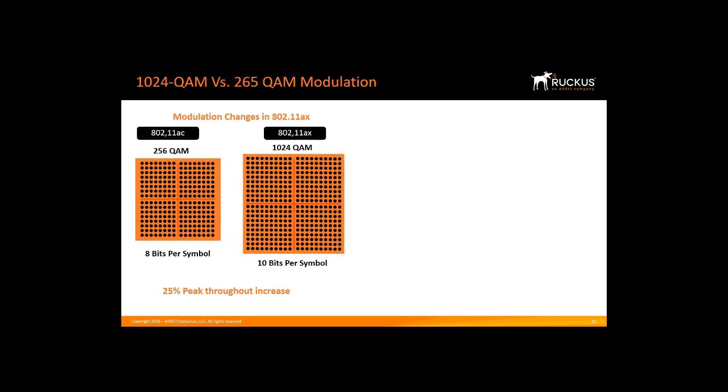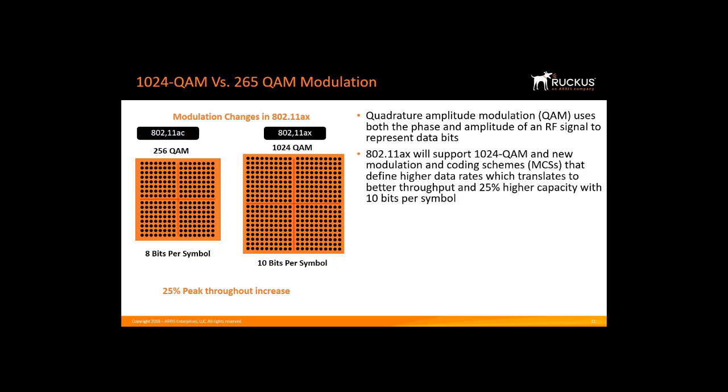Although the primary goal of 11AX is better efficiency, more speed isn't a bad thing. Quadrature Amplitude Modulation, abbreviated QAM, uses both phase and amplitude of an RF signal to represent data bits. 11AX will support 1024 QAM and new modulation coding schemes, or MCSs, that define higher data rates, which translates to better throughput and 25% higher capacity, with 10 bits per symbol versus 8 bits in 256 QAM, which is used in 11AC.